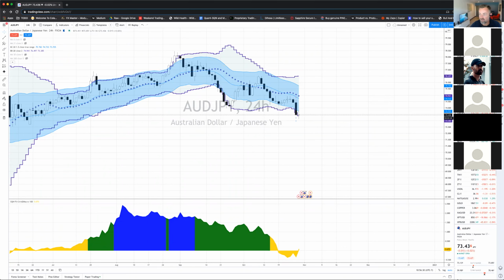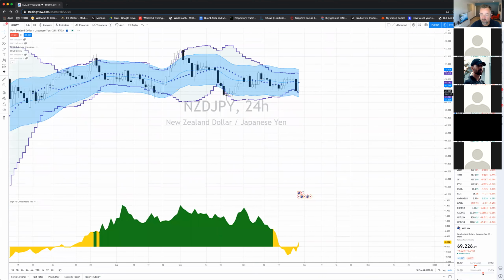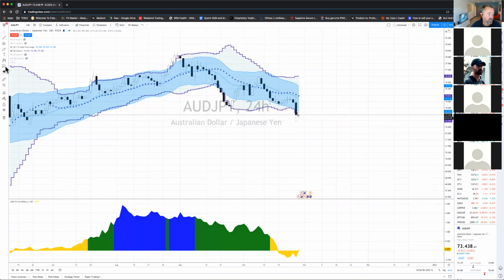So Aussie yen, potential setup there today. Pound yen, no setup. Kiwi yen, no setup. CAD yen, too far away, because we did that one together.